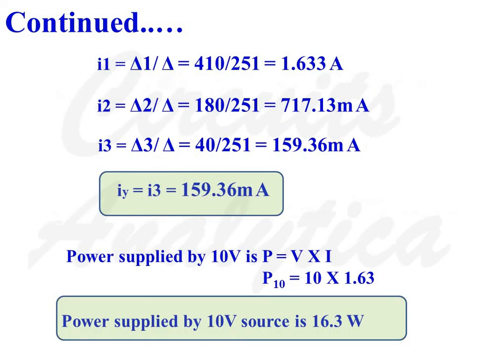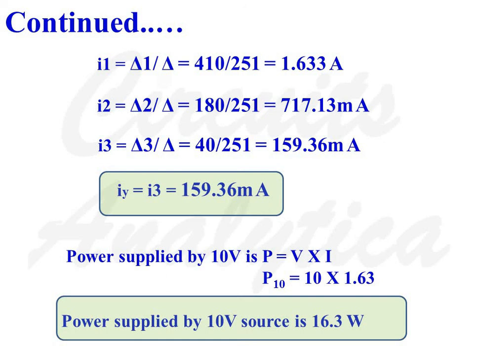So we will get I1 is equal to 1.633 ampere, I2 is equal to 717.13 milliampere, and I3 is equal to 159.36 milliampere. So we are asked to find Iy, which is equal to I3.